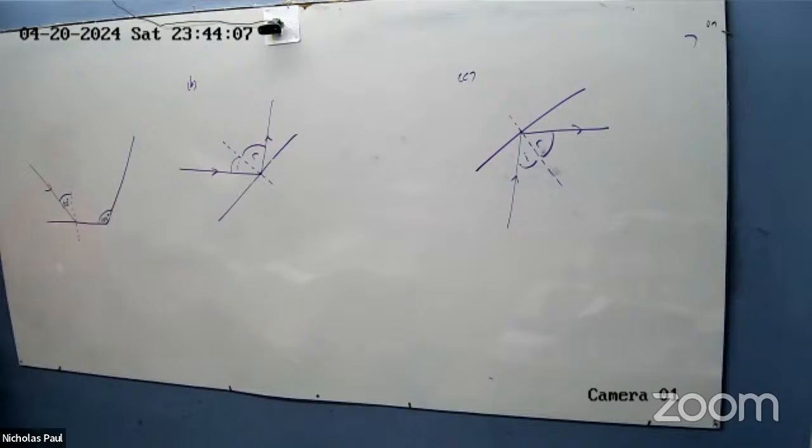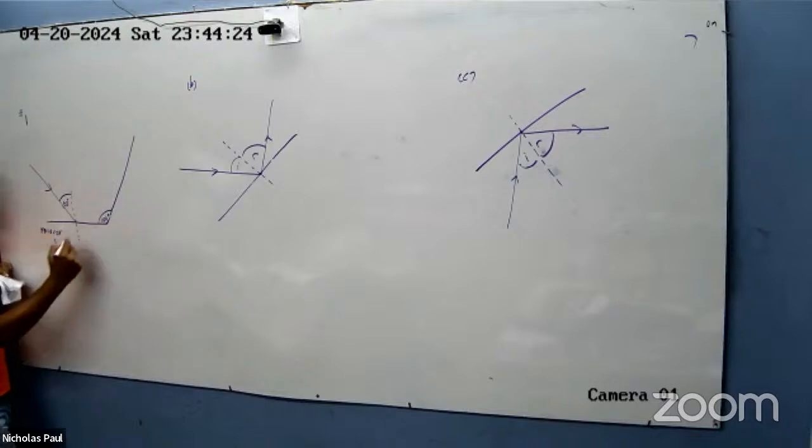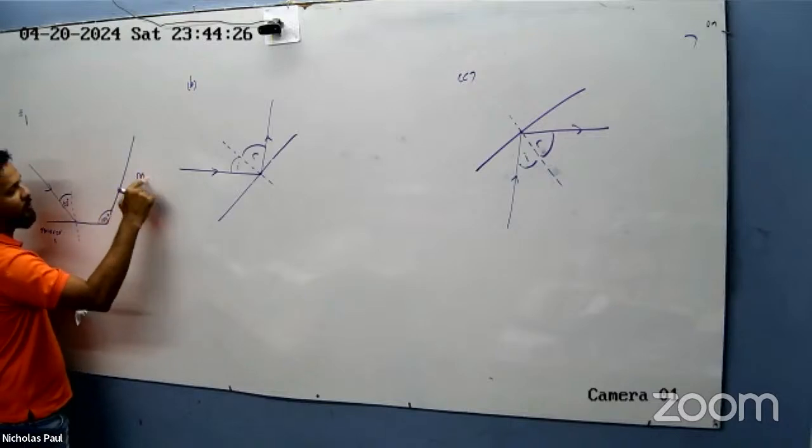All right. It's a little hard. Sorry to give you a hard question, but I don't really have much question on reflection yet. So here what I want to do. This is a ray, and this ray is incident on two mirrors, right? This is mirror 1, and this is mirror 2.